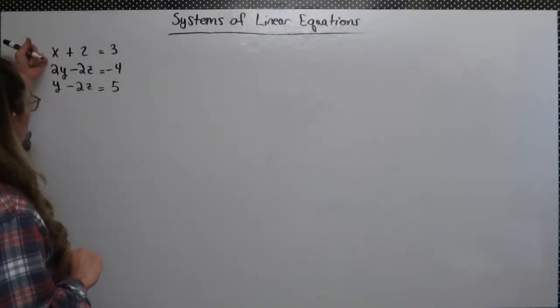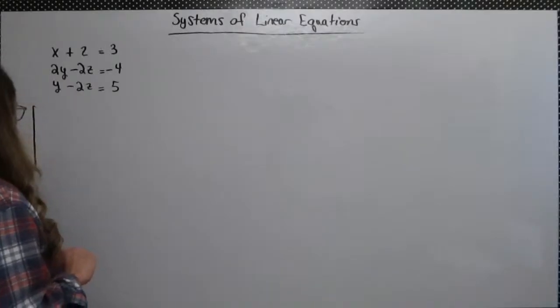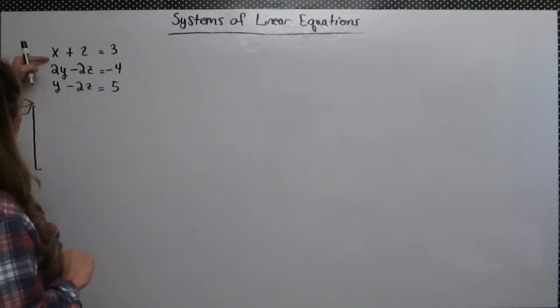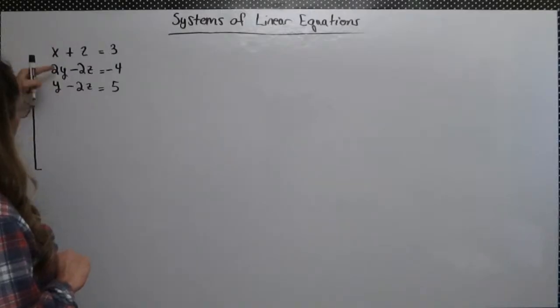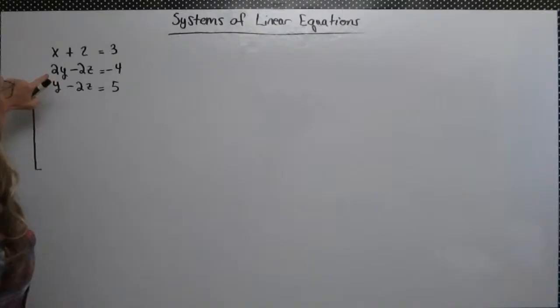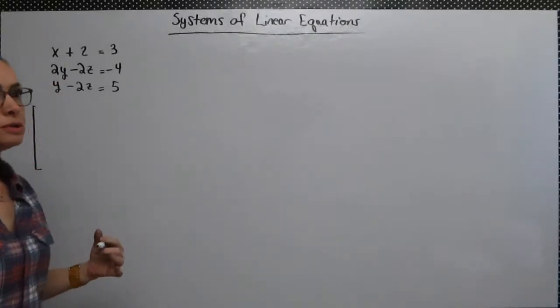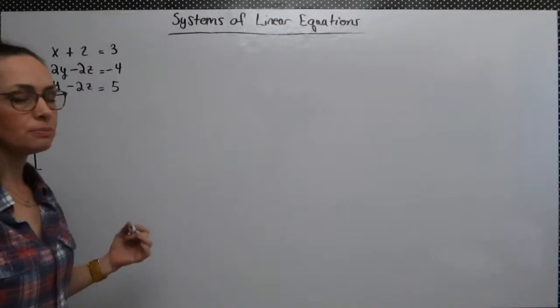You have to make sure that it's set up correctly. So here's what you would do. You would list your x. So all your x values you want to appear in this first column right here. And you notice in these second two equations, there's no x. Well, what you're going to do is you're just going to use 0 as a placeholder.